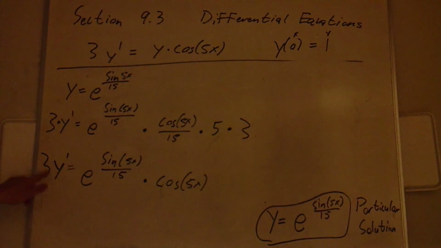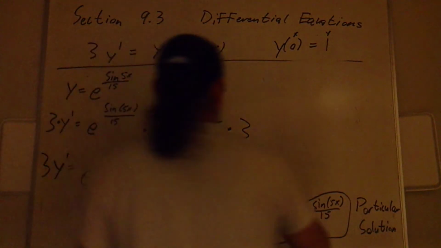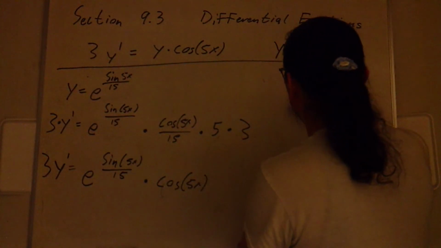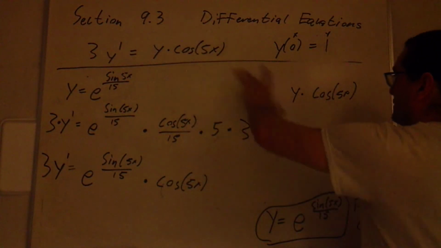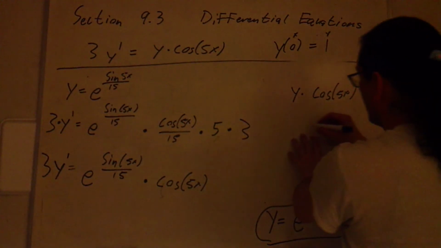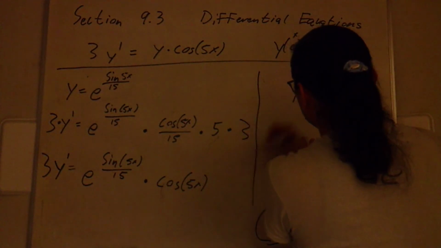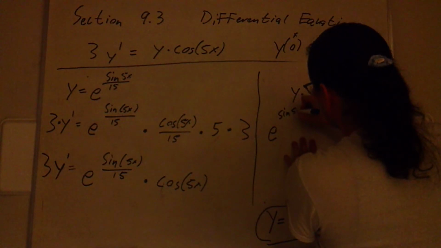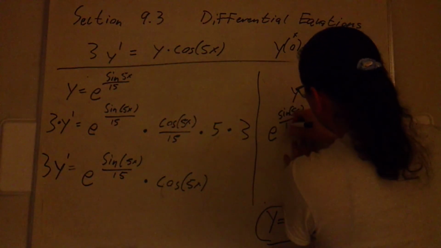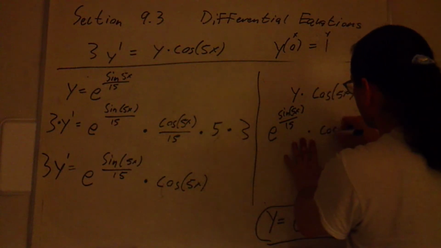So this is me taking the derivative and multiplying it by 3. I need to compare this to y times the cosine of 5x. That's on this other side of the equation. So y times the cosine of 5x should look like e to the sine 5x over 15 times the cosine of 5x.